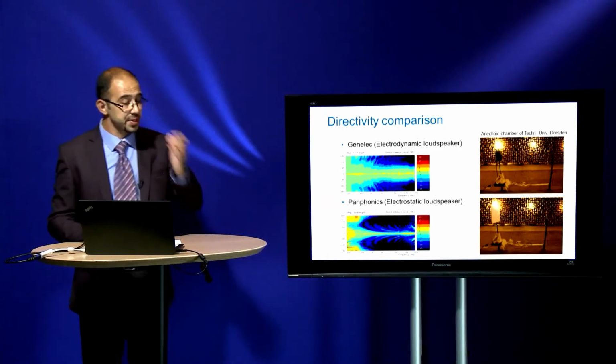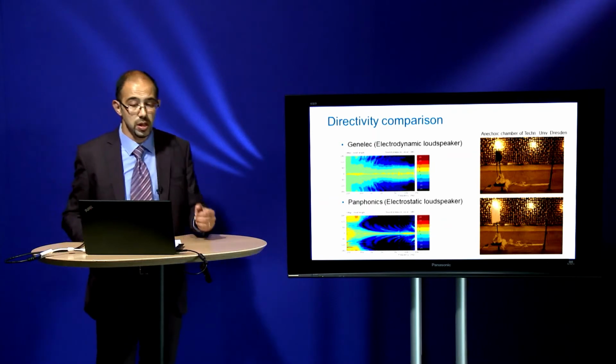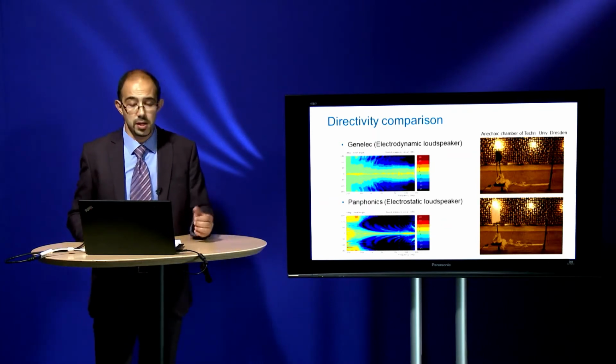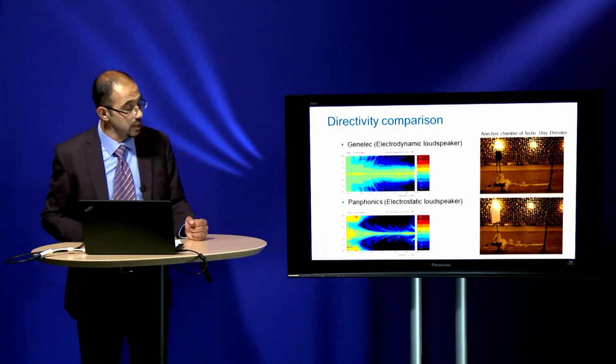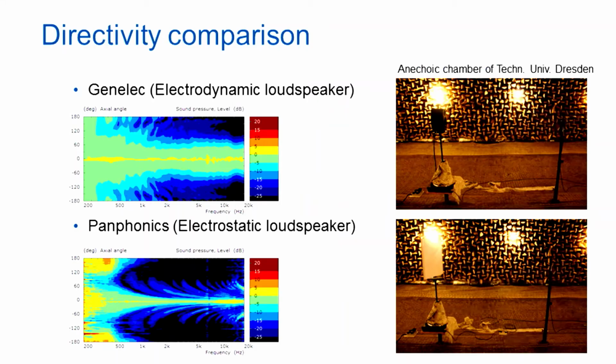Therefore, we have conducted some measurements in our laboratory with a very good electrodynamic loudspeaker and at the same time an electrostatic loudspeaker. In these pictures, you see the degree, and at the same time with color, the radiation aspects, and the frequency axis is the x-axis.